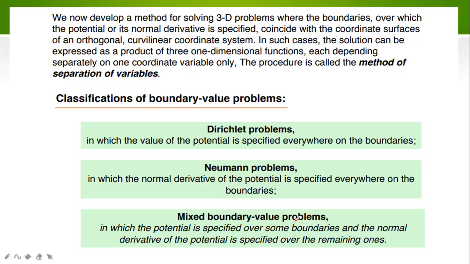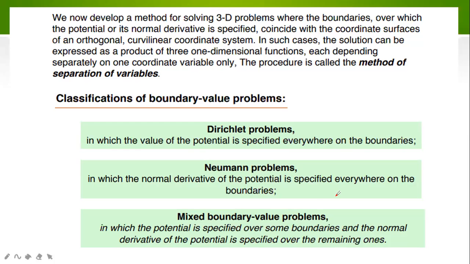But there are some boundary value conditions. I have told you earlier too that we have to follow all those boundary conditions. So we have classified those problems as the classification of boundary value problems.